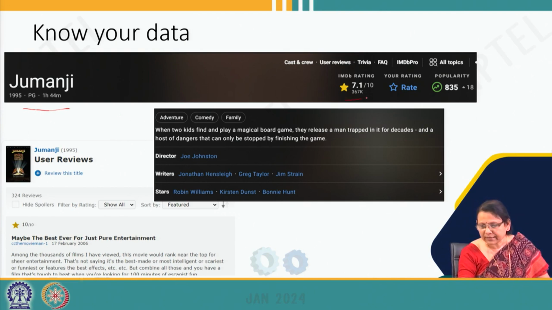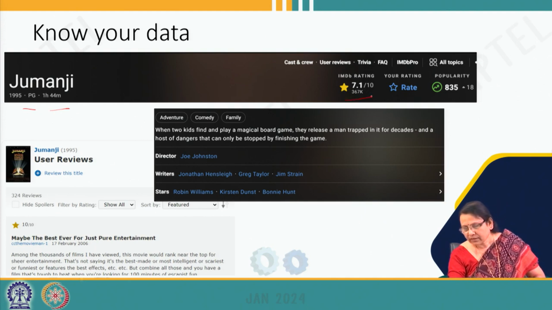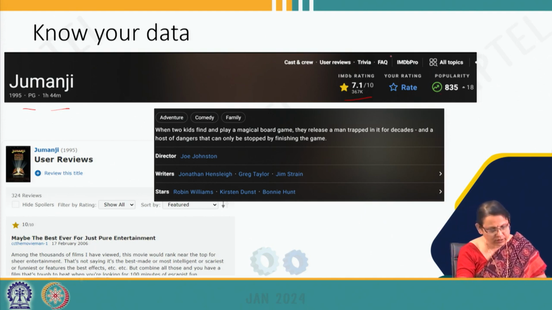It has a certain rating, then a popularity score, cast and crew, you can go into detail. Besides that, it will also give you what kind of genre it is, who is the director, writer, leading stars, and this is a short description which is in text. How do I convert this data into numeric?